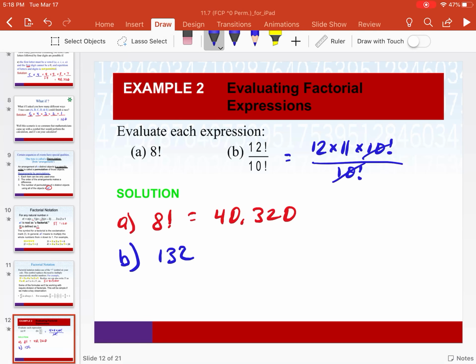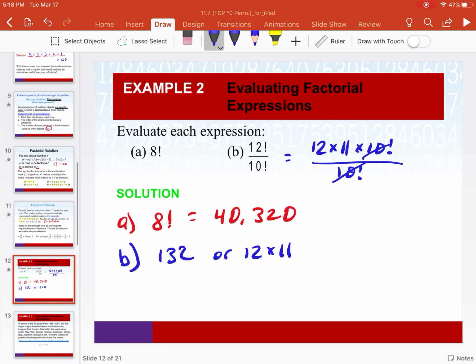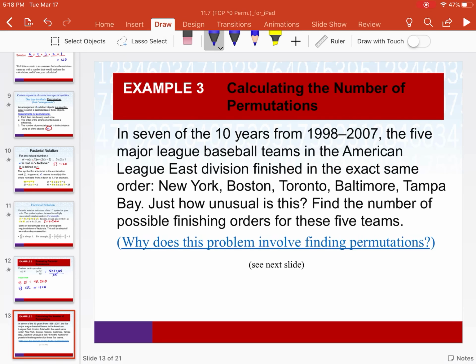And what do you think 12 times 11 is? Yep, 132. So there are some cool number properties of factorials, but you won't need too many of them for this class. Okay? All right, let's resume.